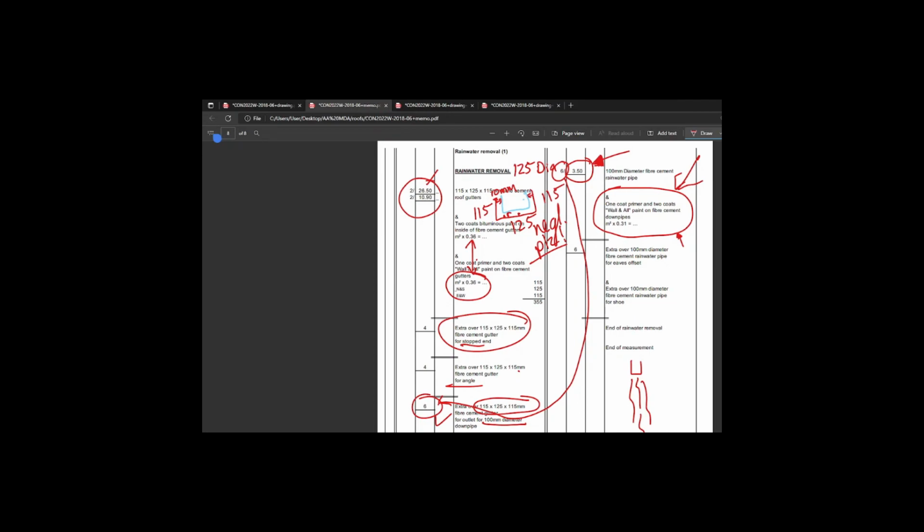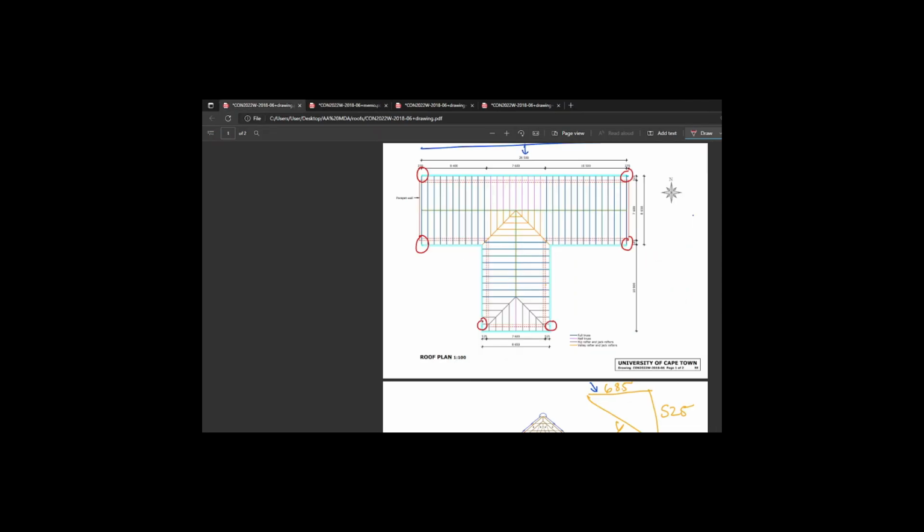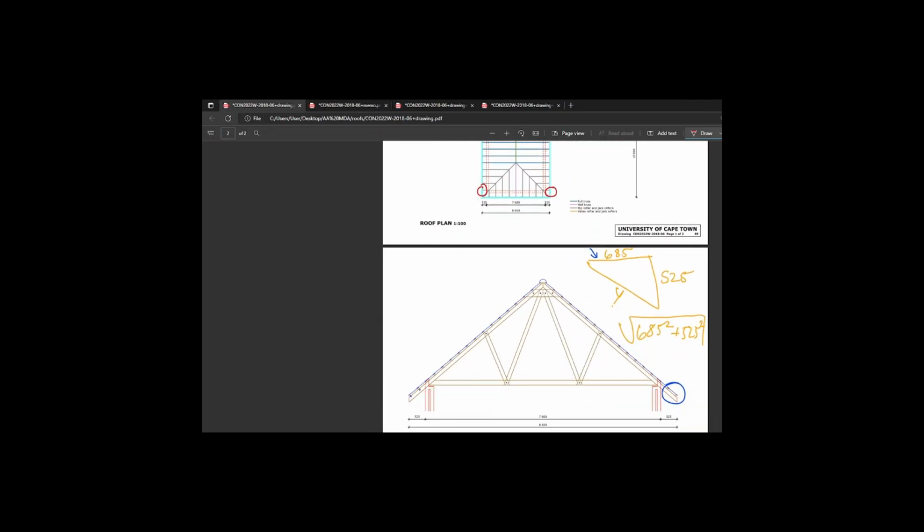And finally, our last description is for our eaves offset and the shoe. Let's hop onto this picture here. The gutter is like this, and if you have a downpipe, if you come down, it's going to make an angle. At this angle, the water can still run. So it's at a slope, which is a fundamental of plumbing, that it must be sloped for water to run down. You definitely don't turn at a right angle and then down.